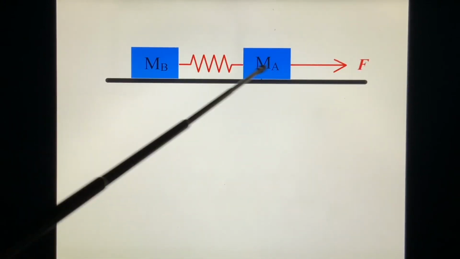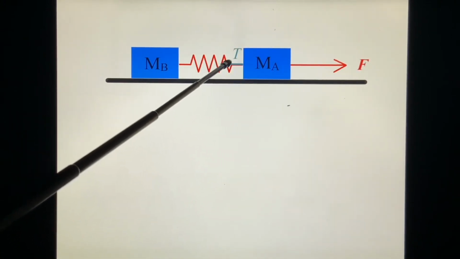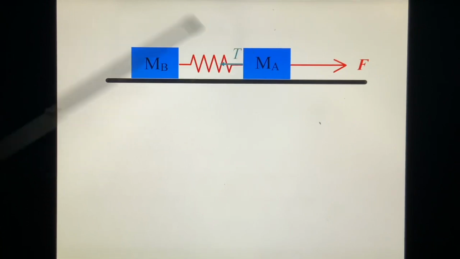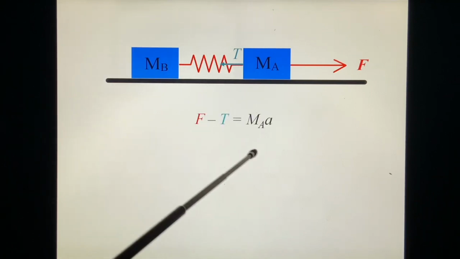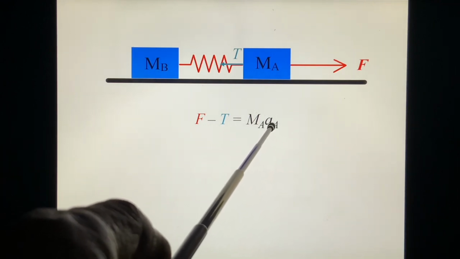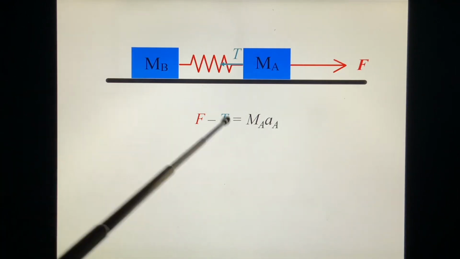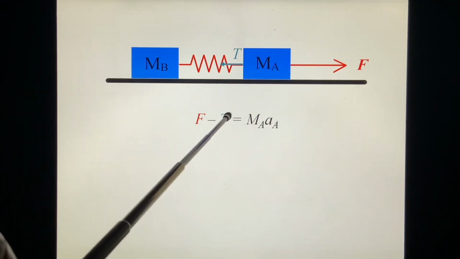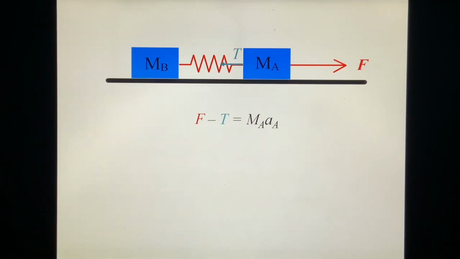Besides F, we also have a T from the spring. How much? We don't know. So the equation is F minus T equal to mA·aA. This aA is what we are asked to find. We don't know T. If we can find T, we can find aA.